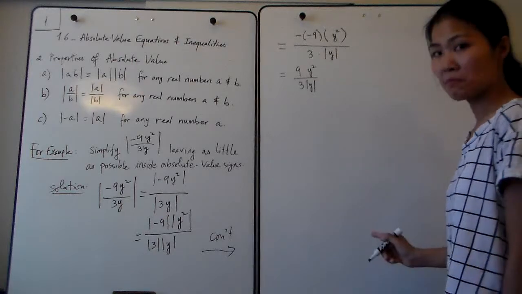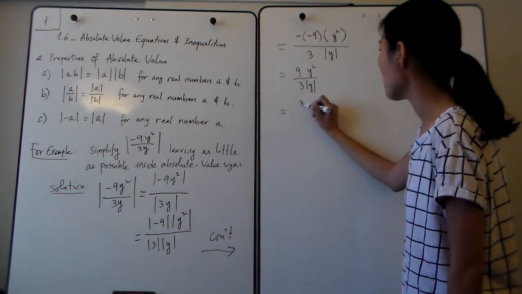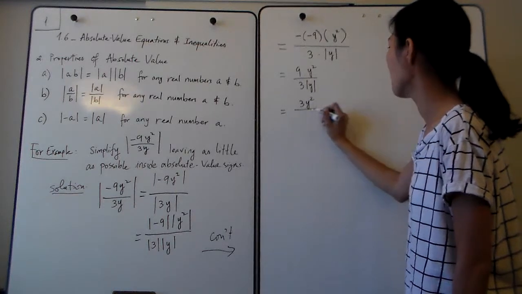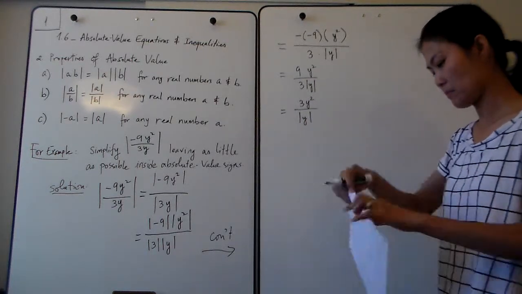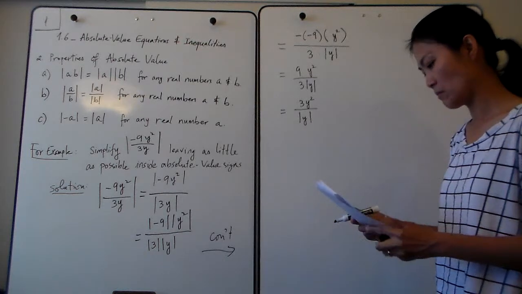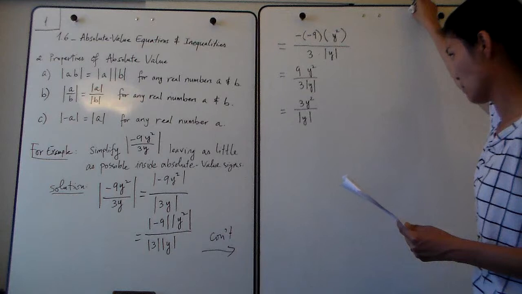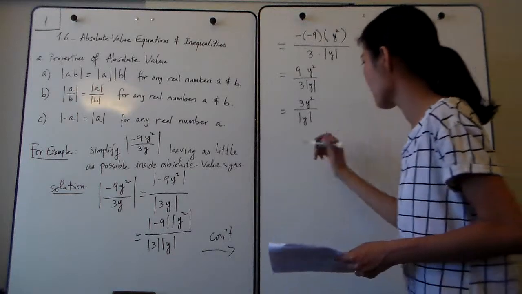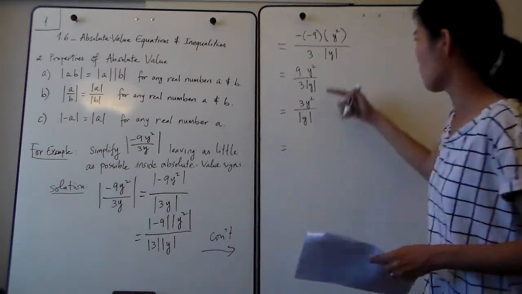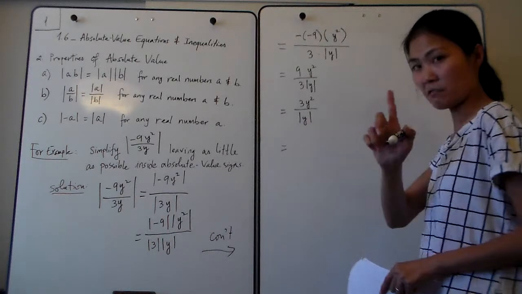Now, you still can simplify it, right? Because 9 divided by 3 is 3. So you have 3y squared divided by the absolute value of y. Okay? Now, you actually still can simplify this problem further, because this y is just y to the first power, right?